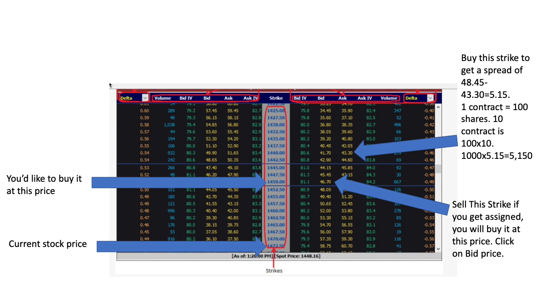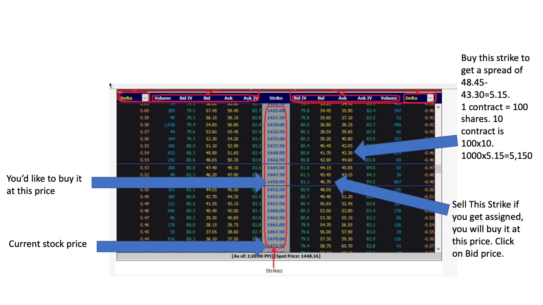It's not very intuitive. On the left side, you can see all the call options. These are the bid and ask prices of the call options. On the right side, you have put options. You have the bid price on the left here, and this is the ask price.